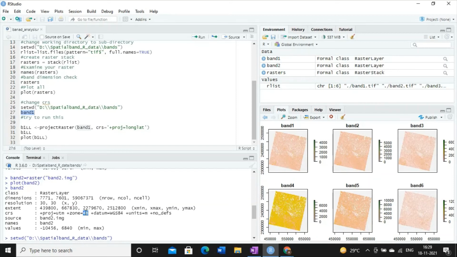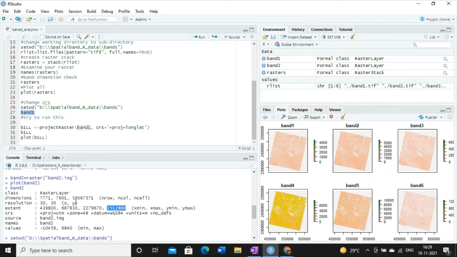And what is this zone 48? While discussing UTM, I already discussed the concept of zone. Zone 48 basically falls under Vietnam. So whichever data I have acquired from Landsat is from Vietnam. In this UTM system, everything is in meters, and we can also say that it's a linear system.